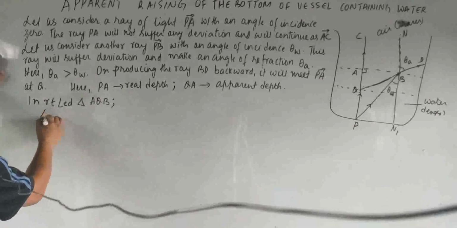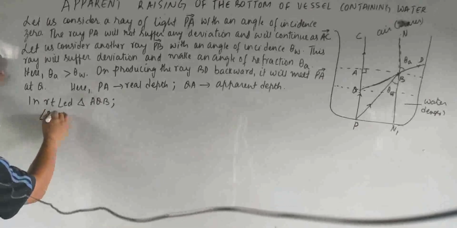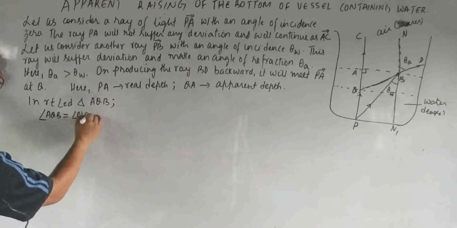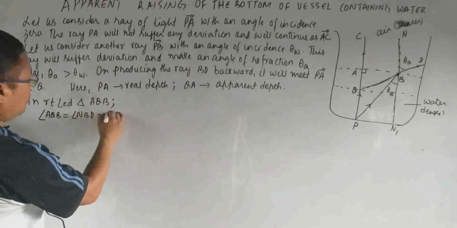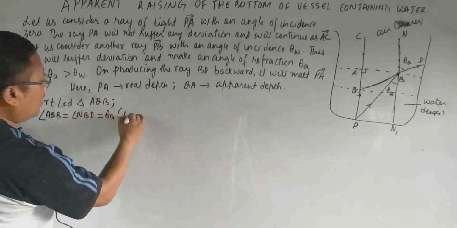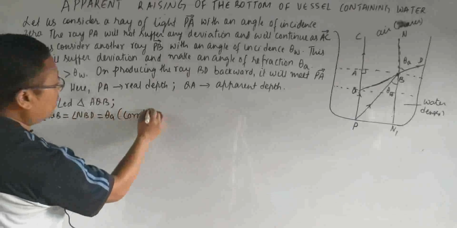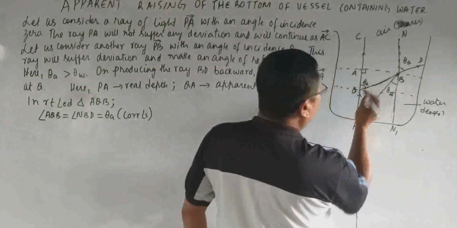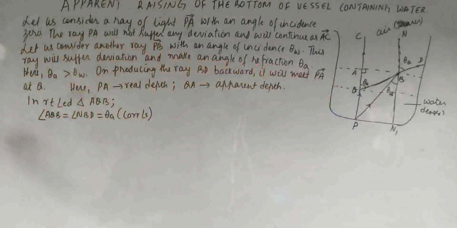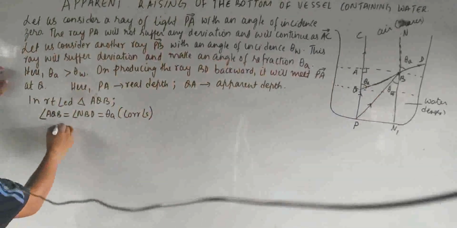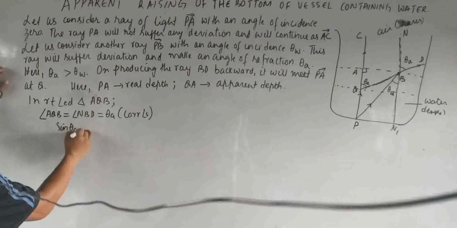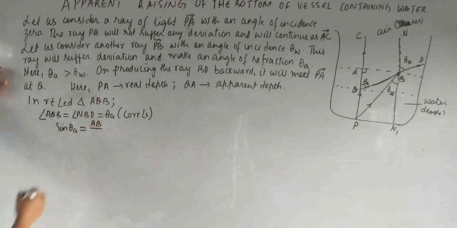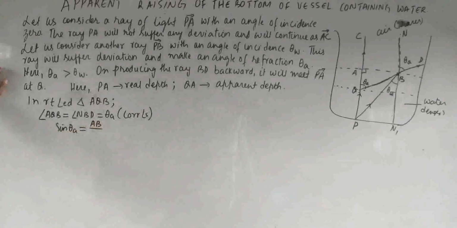So angle AQB will be equal to angle NBD equal to theta A, since they are corresponding angles. So this angle becomes theta A. Now take the sine of theta A. Sine theta A will be given by the perpendicular, which is AB, and the hypotenuse is QB.